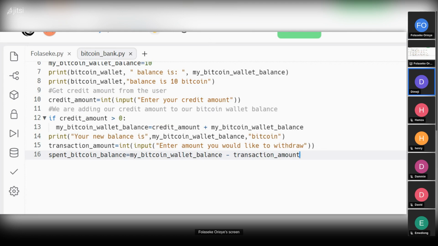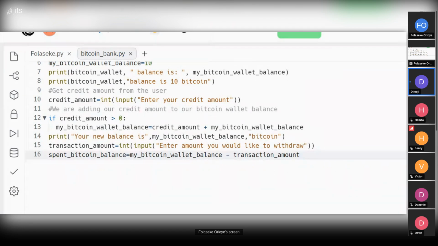All right. So yesterday, Folashike, we spoke about how we want to credit our wallet. Am I correct? Yes, sir. And crediting our wallet comes with some challenges.